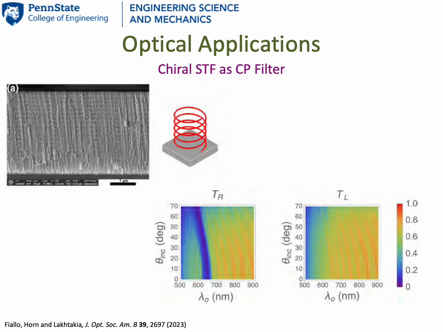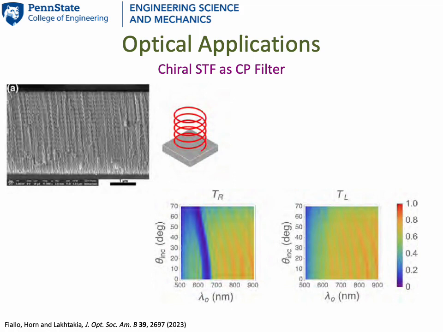If a chiral sculpture thin film is structurally right-handed, it preferentially reflects right circularly polarized light incident on it in a wavelength range called the circular Bragg regime. This regime is identified as the dark blue band in the spectrogram on the left.